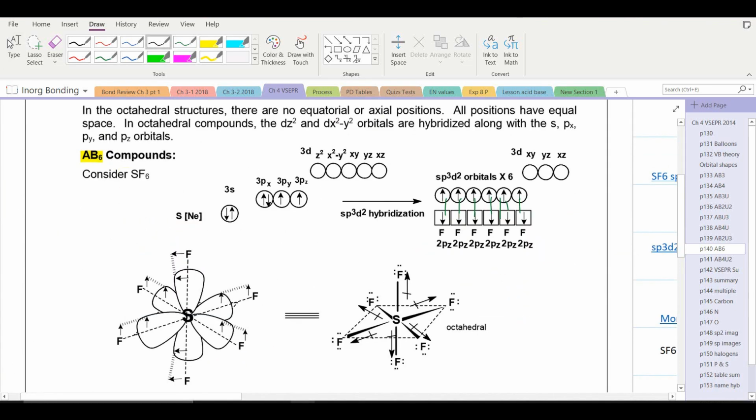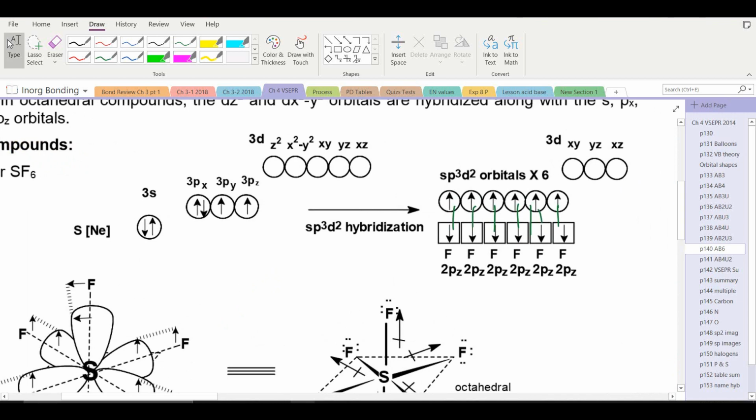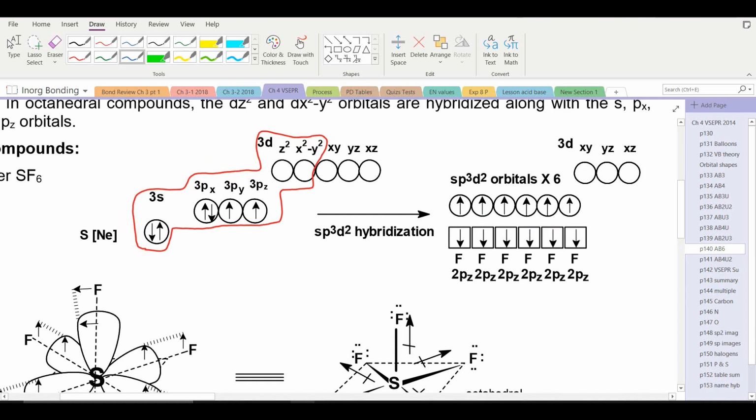Sulfur, 3s2, 3px2, 3py1, 3pz1. It needs 6 half-filled orbitals, so the model says it will hybridize the 3s, all of the 3p's, and the first 2 available 3d orbitals. And it turns out that the dz squared and dx squared minus y squared have the shapes that best fit the octahedral structure.